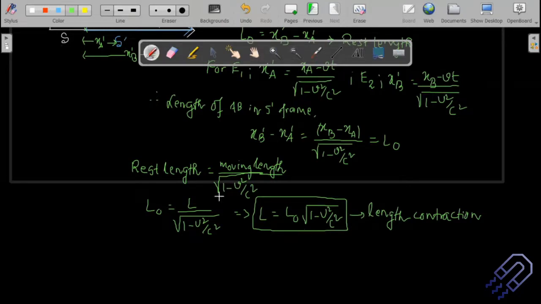Now a simple explanation for how to understand whether this is length contraction, yes or no. When you multiply two quantities, it will be larger, right?